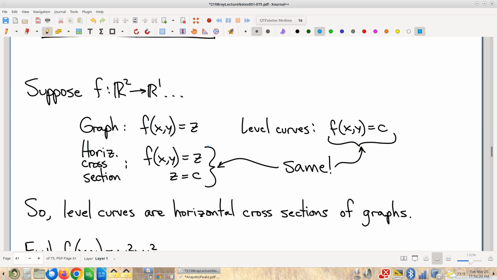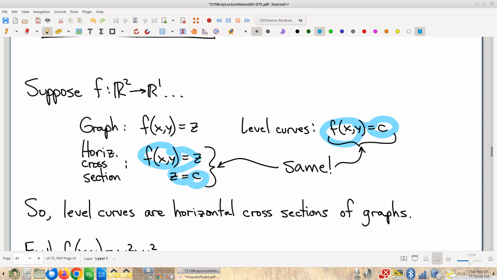Okay, so a neat observation. I know this is just playing around with the algebra, but if I set f equal to z and I set z equal to c, in effect, the punchline is to set f equal to c. Now, that's a silly observation.